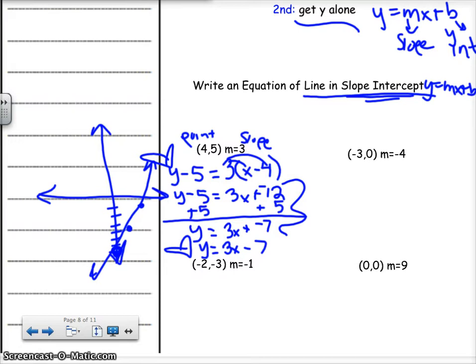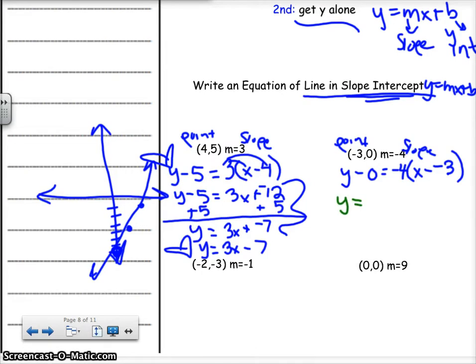Let's try again. I'm given a point. I'm given a slope. I'm going to get it in point slope form. That means y minus the y I'm given is equal to my slope times x minus the x I'm given. So, I can get rid of the minus 0 part.